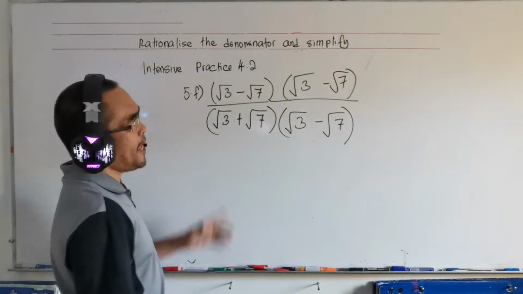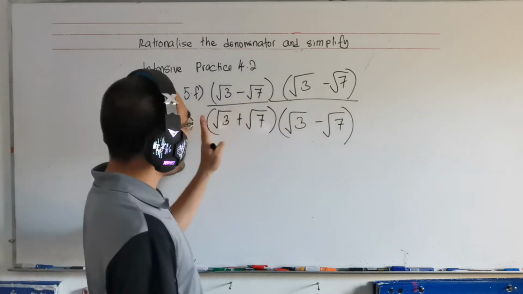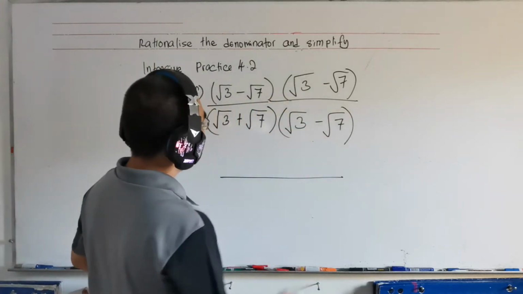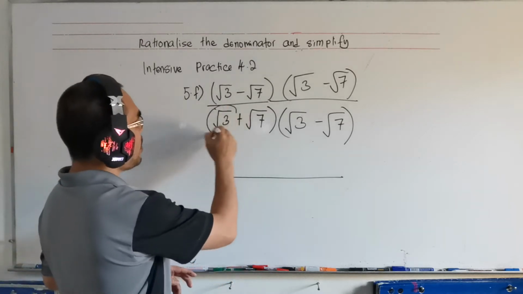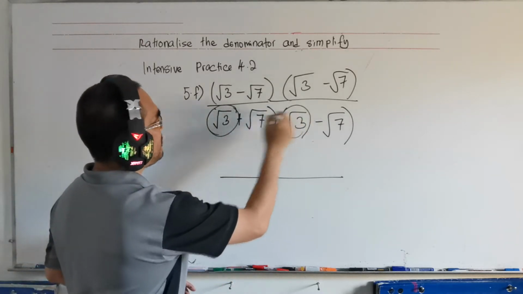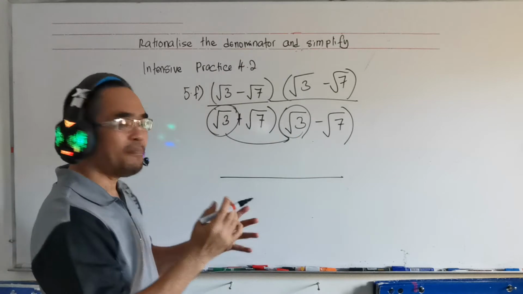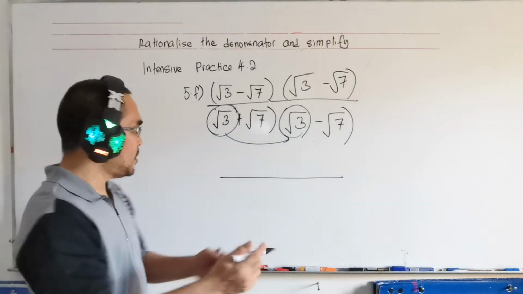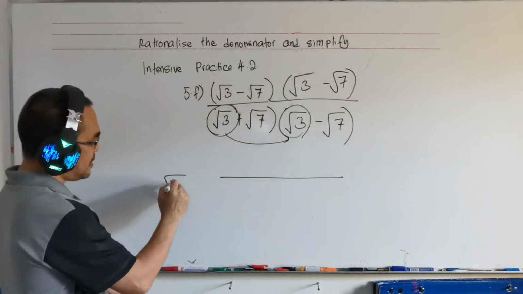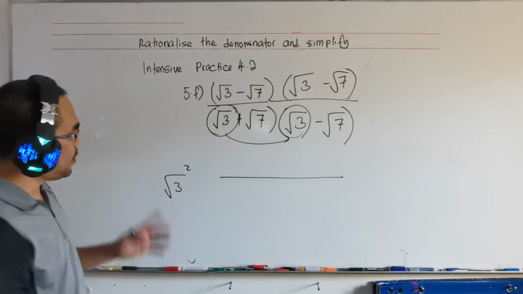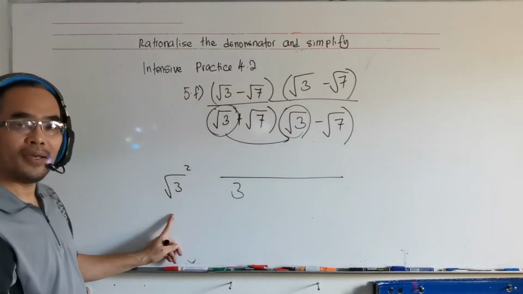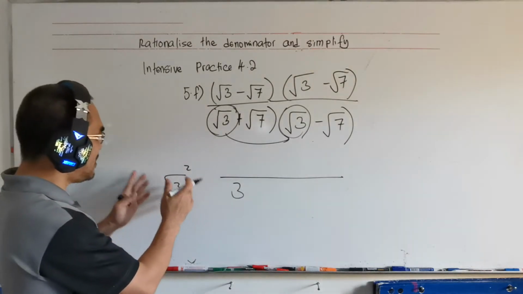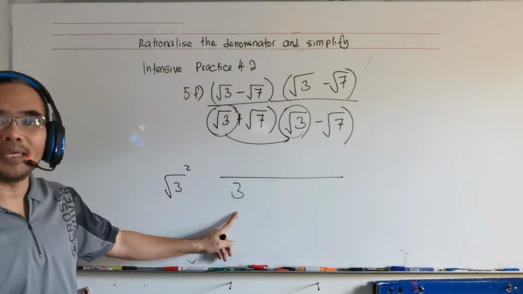Let's simplify the denominator first, because we want to see what happens. Square root of 3 times square root of 3 becomes square root of 3 squared, which will be 3. So I don't write square root of 3, I write 3.